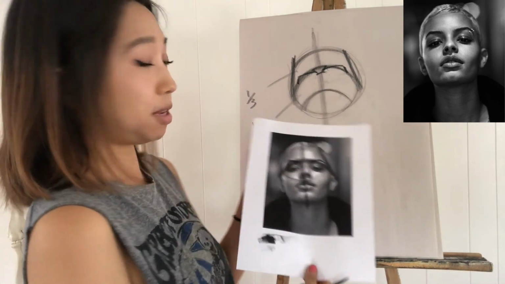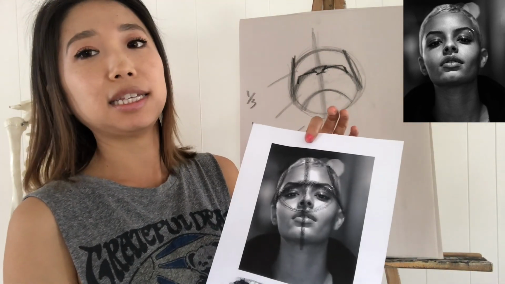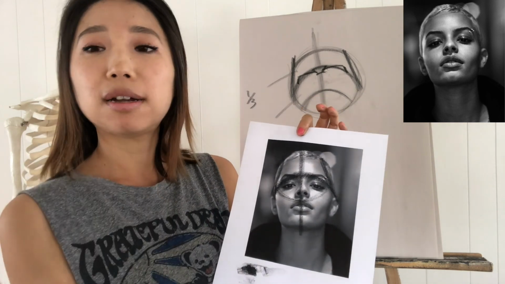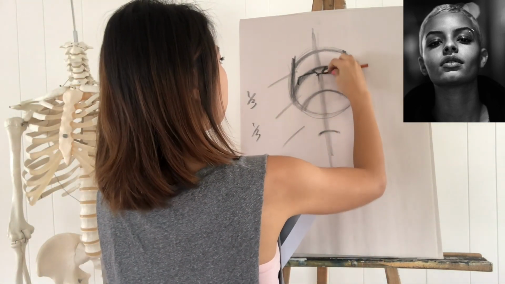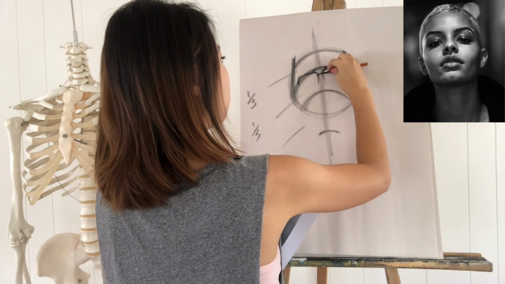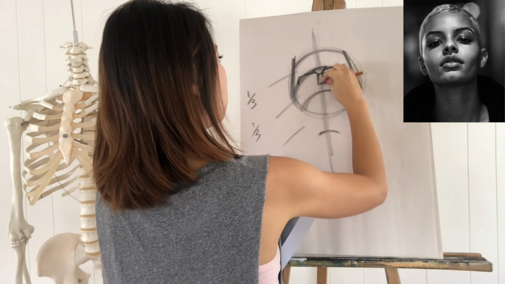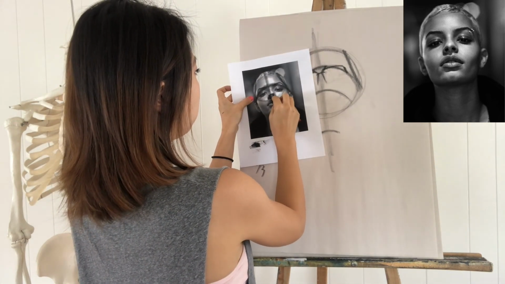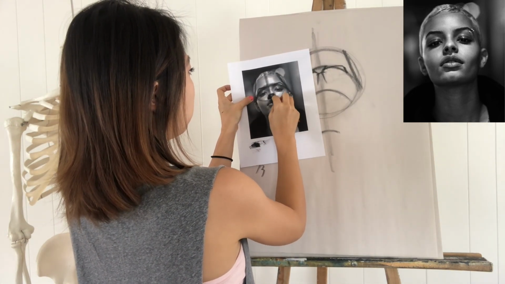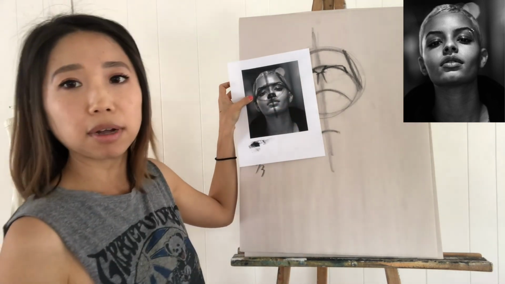In this picture, you can definitely see more of the bottom of the nose plane. So let's simply start with the nasal, the top, the bridge of the nose. And then I'm going to create this big triangle form right here for the bottom of the nose.